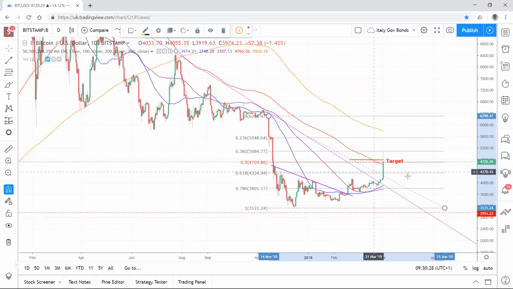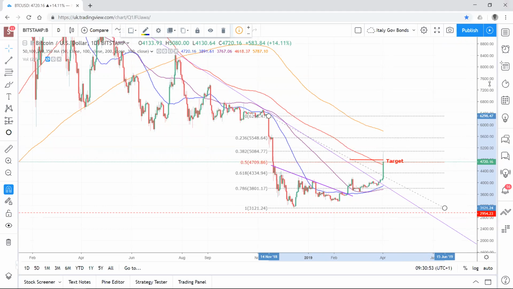What we've done so far is we've retraced exactly to this point here, and once it hit the 0.382, which is an important fib line to watch out for, it immediately pulled back, and we're currently sitting just below a 50% retrace.